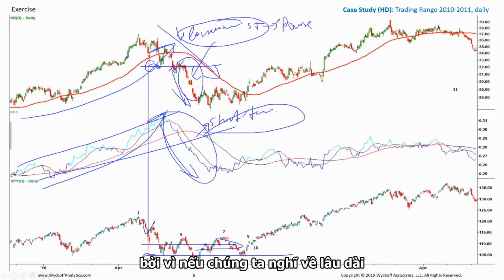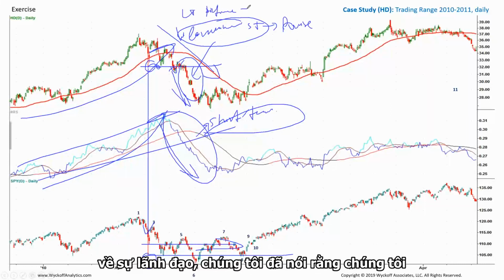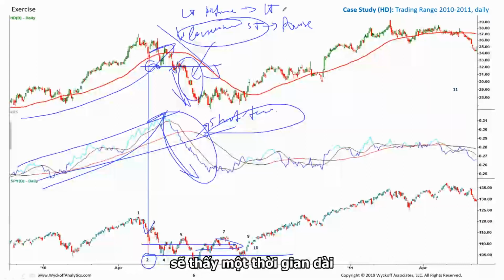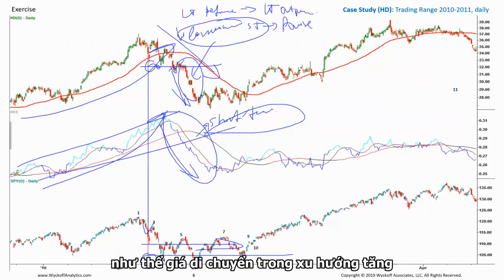Because if we think about the long-term picture on the leadership, we said that we're going to see a long-term outperformance. But during this long-term outperformance, it's still going to look as if the price moves in the uptrend.